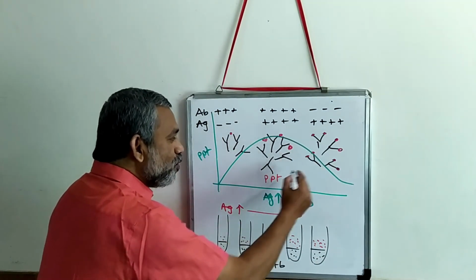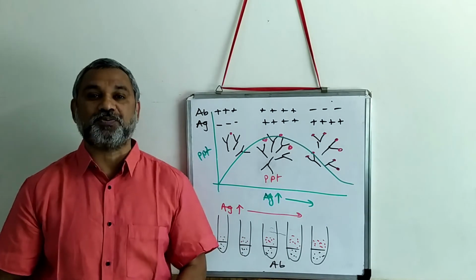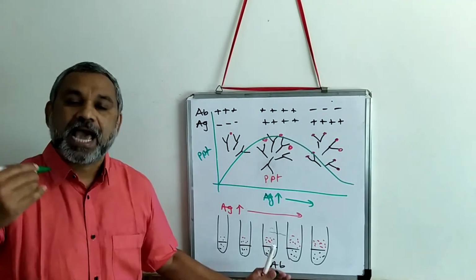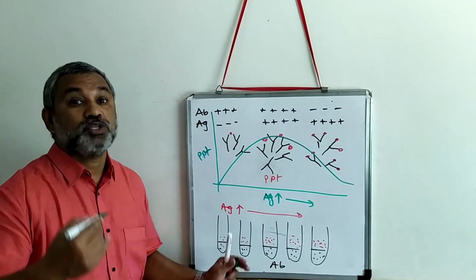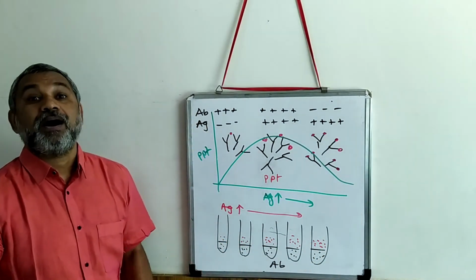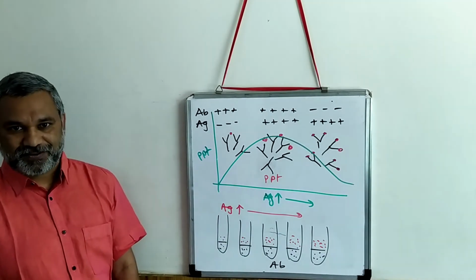This shows the amount of precipitate that is formed in each of these test tubes. After 1 or 2 days of incubation, it can be precipitated out, centrifuged and quantified. So you will get this kind of a curve. This is called the precipitation curve.